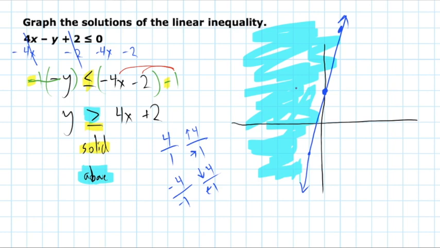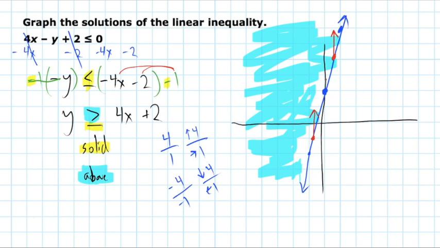If I put a random point here and went straight up, that's telling me that I am shading above that line. That's why you see the blue in that area.